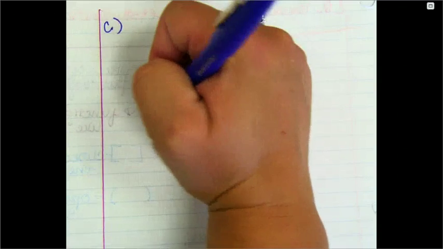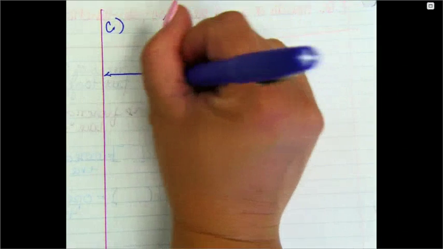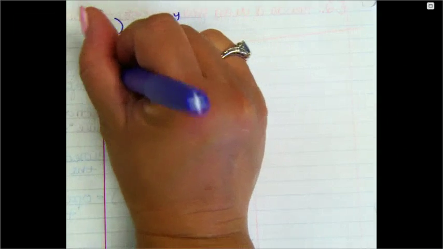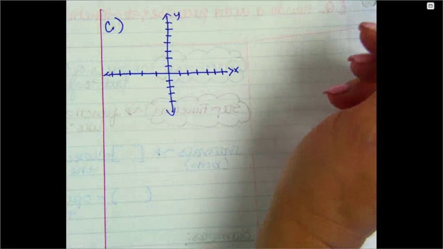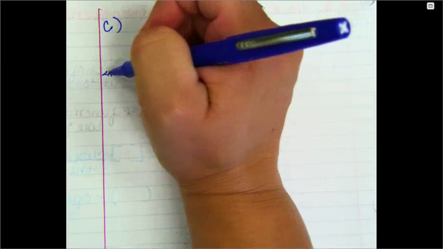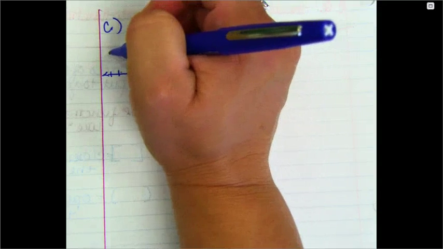All right, so that was example letter C. All right, we're going to graph negative 5, comma 3.